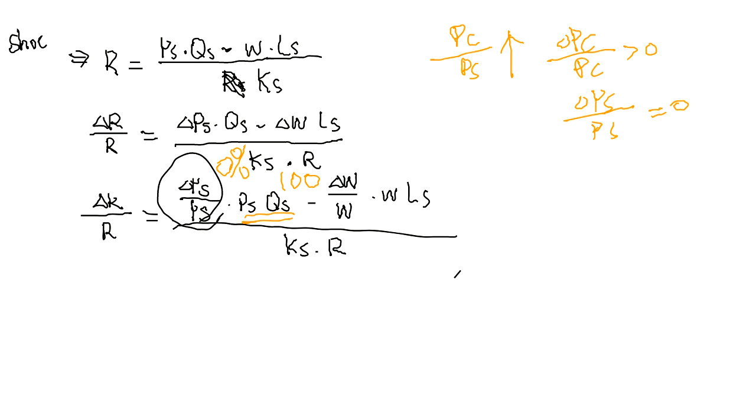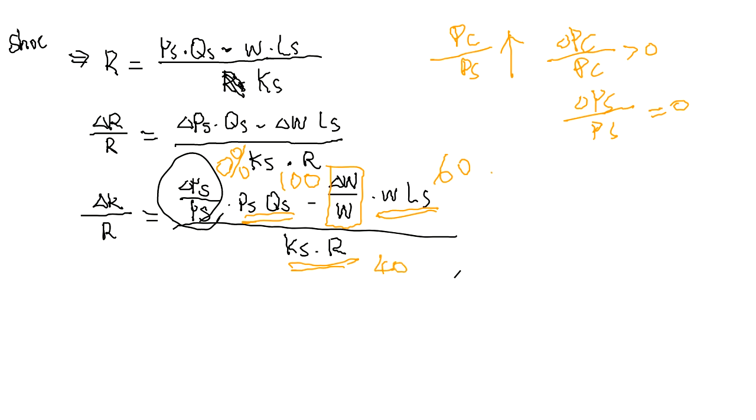This is something I'm interested in. Because shoes is a labor-intensive industry, the payment to labor in the shoe industry is equal to 60. And R times KS, the payment to the capital in the shoe industry, is equal to 40.